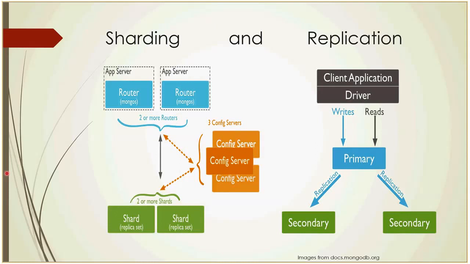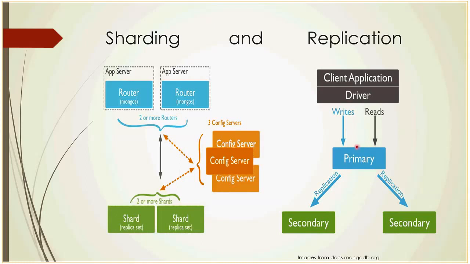Okay, and the process of replication itself. So the client application talks to the driver, and there is always a primary that is selected. Again, it's a process of synchronizing data across multiple servers. So a replica set is a group of MongoDB instances that host the same data set.